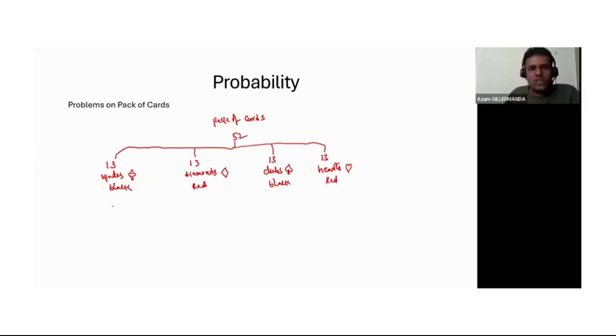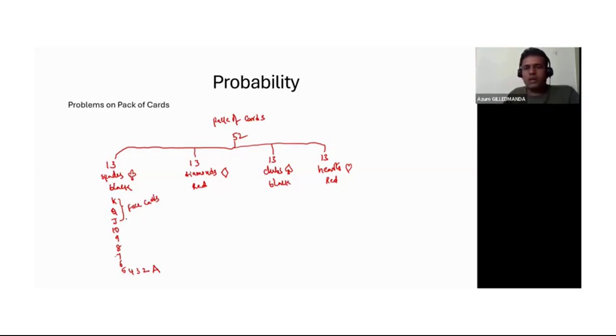And now out of these 13, these cards are in the form K, Q. K means king, queen, jack, and then 10, 9, 8, 7, 6, 5, 4, 3, 2, and one we call as an ace. Okay, so out of this, king, queen, and jack are called face cards, meaning that will have a face printed on it.